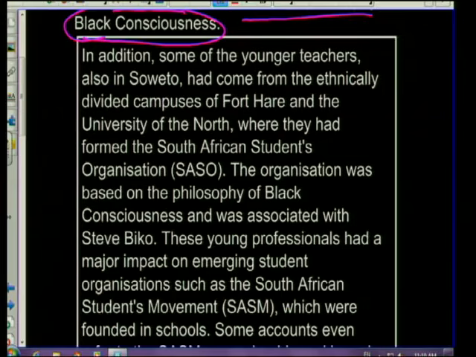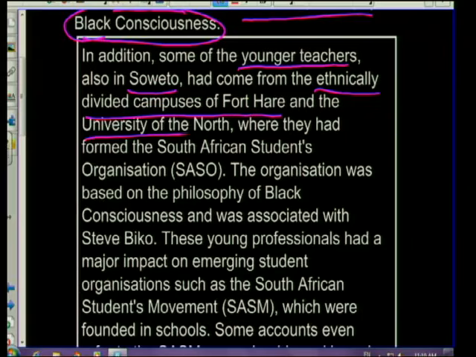If we look at the first few lines, it speaks about younger teachers in Soweto coming from ethnically divided campuses of Fort Hare and the University of North, simply saying that they come from different cultural backgrounds, traditional backgrounds, but with the same idea of coming together as black people with one purpose, that is to develop a sense of self-reliance and self-confidence, a confidence in being black.